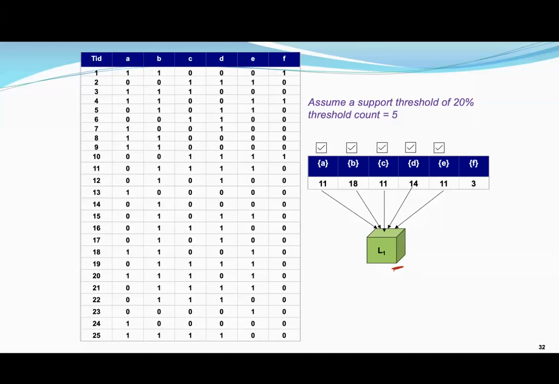And from L1, what we do is we'll pick any 2 items from L1 and join them together to form size 2 candidate item sets. So in this example here, we have 5 size 1 item sets, right? These 5 are collected in L1.